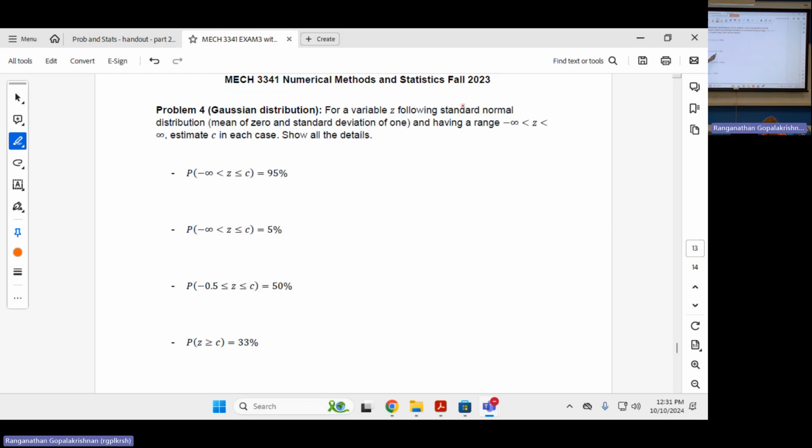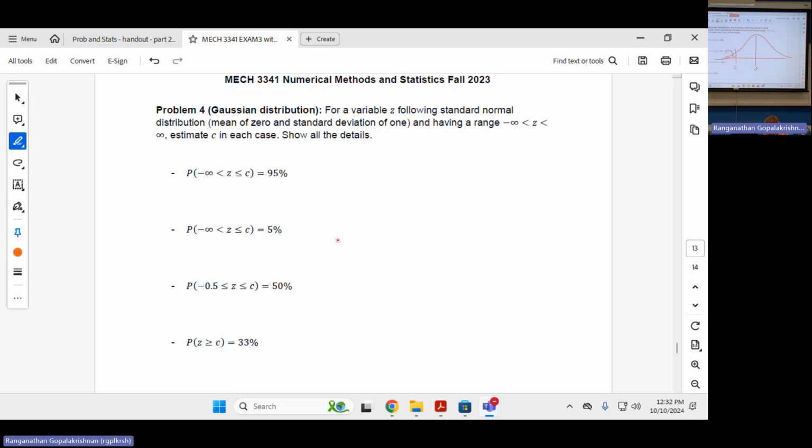Okay. So if this is to the left of 0, let me draw it here. Here is 0. So here is C, and this value here is 5%.